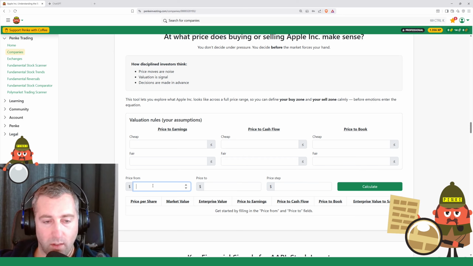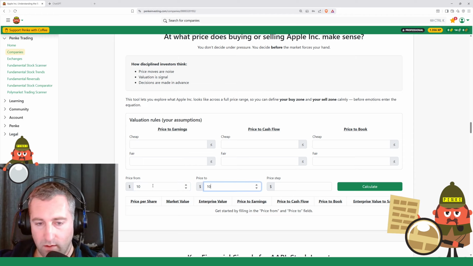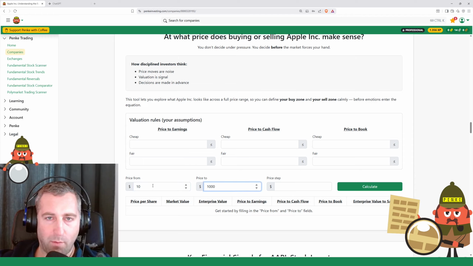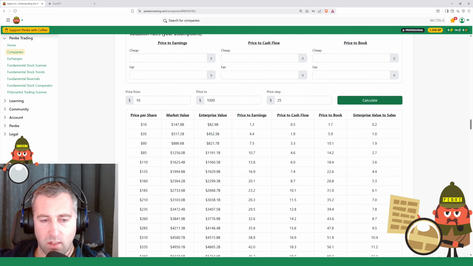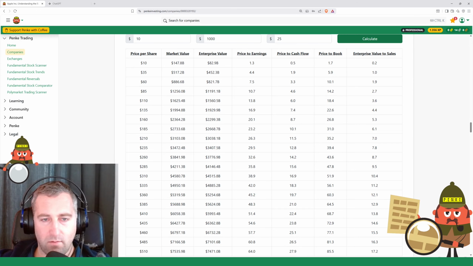We are going to fill in a price range from, let's say, $10 to $1,000. Well, we know the stock Apple is around 255 today, if you are watching it later, prices move every day. So we are filling a price step of like 25. As you can see, we get a lot of data now.